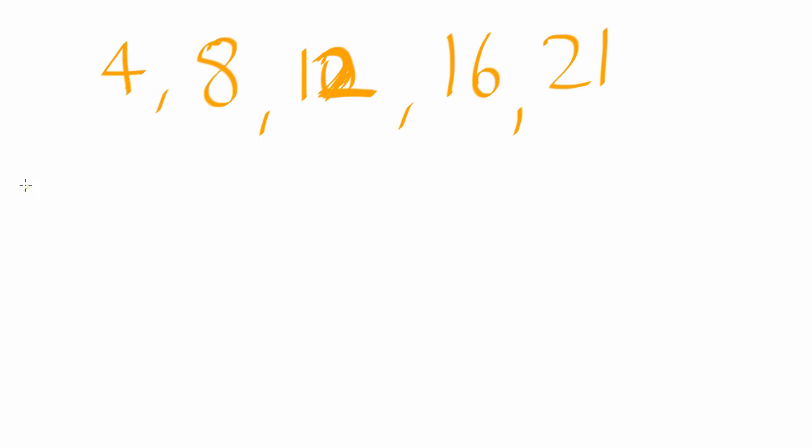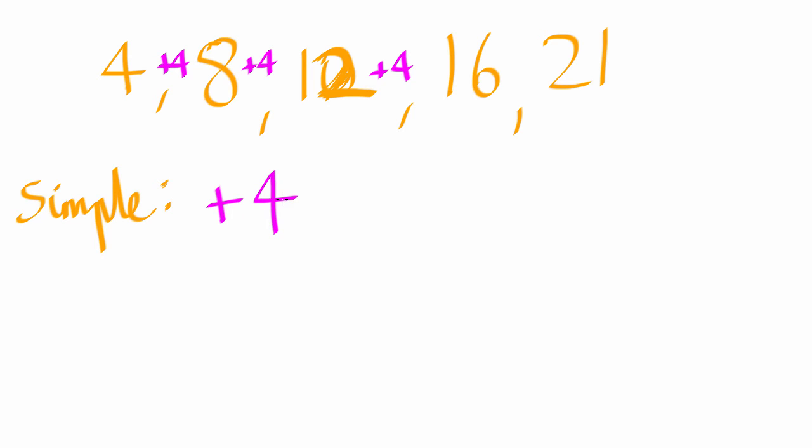Now, the simple rule, based on whatever the last number was, is to get from 4 to 8, you just add 4. 8 to 12, you add 4. So the simple rule is just add 4. Whatever the last term was, you just add 4. Let's write in now our terms. First, second, third, fourth, fifth term, fifth number in the pattern.